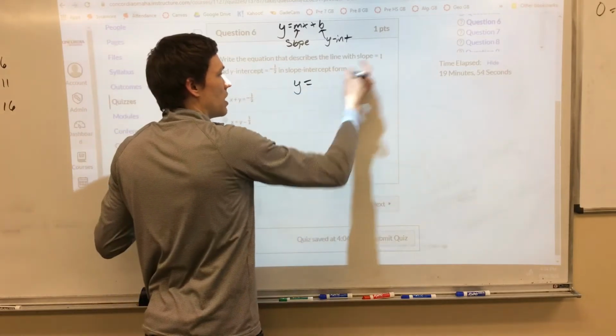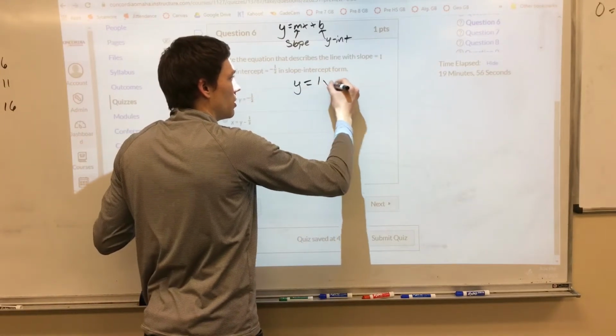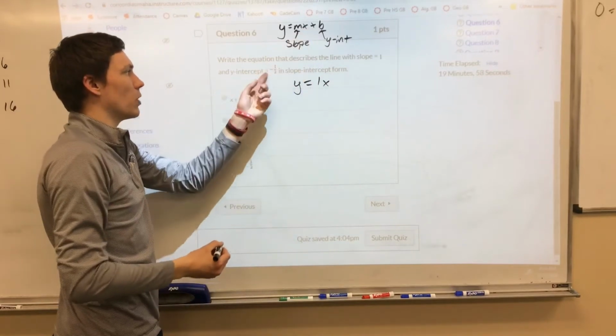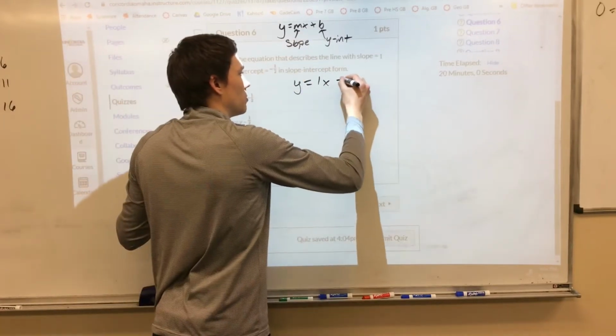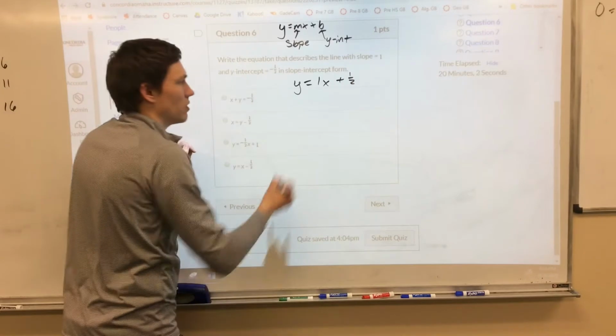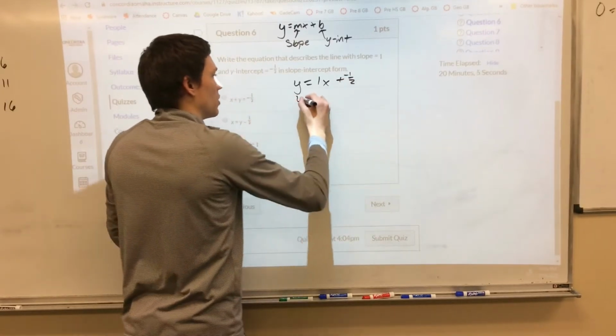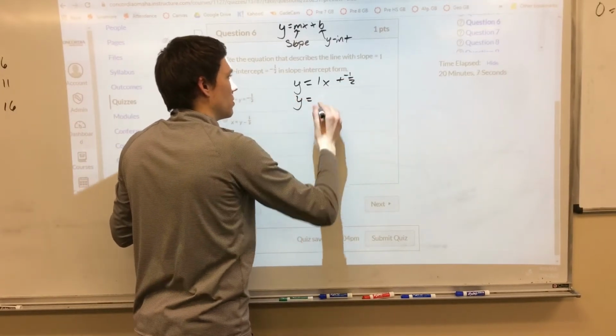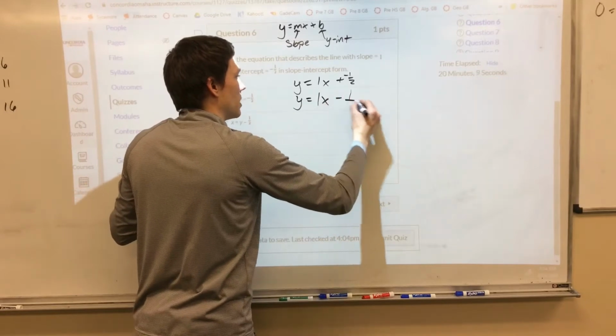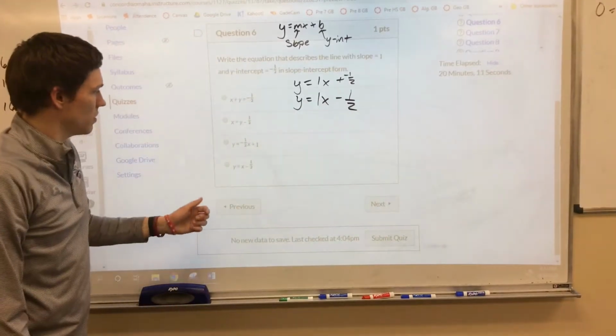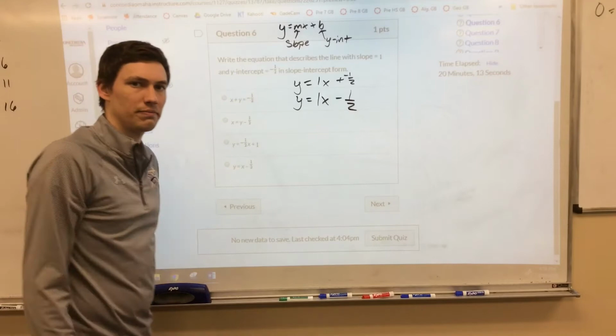So I replace m with 1, and replace my b, my y-intercept, plus -1/2. So in other words, it's y equals 1x minus 1/2. So it'll be this one.